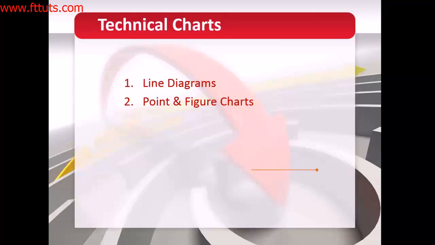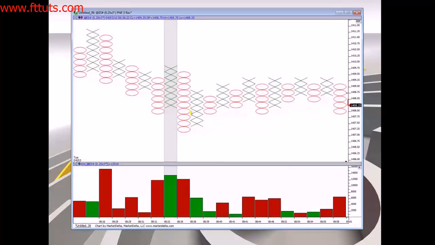Point and figure charts look at price reversal within a defined range, and we get O's and X's plotted on the chart for movements up or down. Basically we analyze price direction based on the movement and the reverse activity that takes place on a point and figure chart.